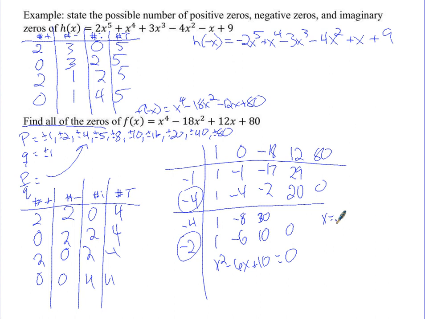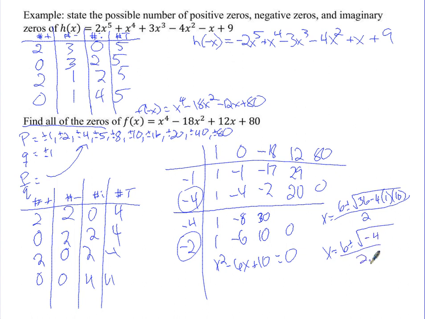X equals negative 6 plus or minus the square root of 36 minus 4 times 1 times 10, all divided by 2. So x equals 6 plus or minus the square root of 36 minus 40. Negative 4.